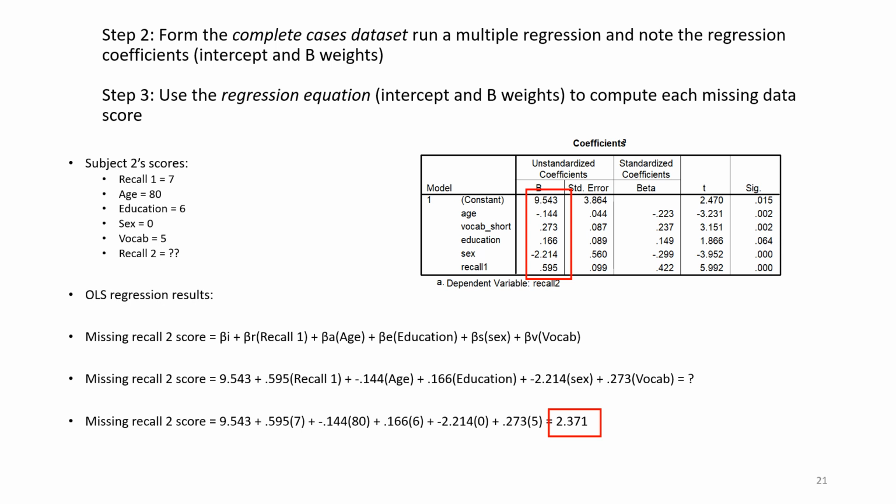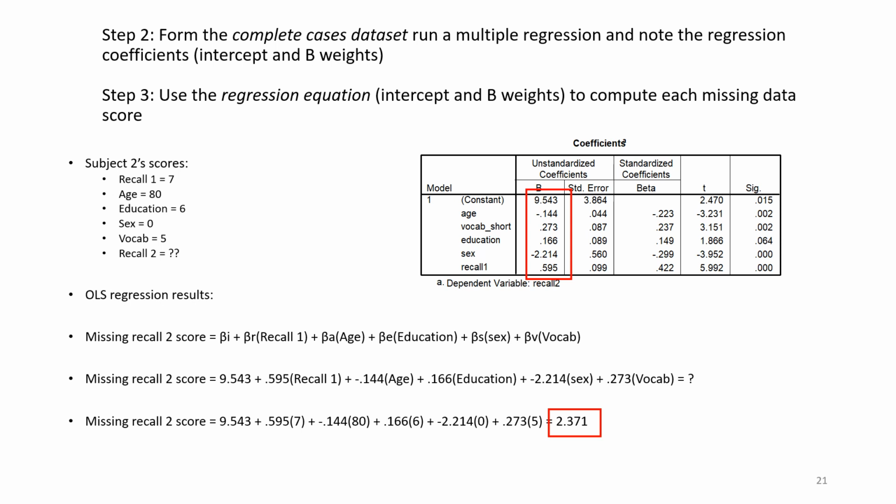That step is done in the output box on the right-hand side of the slide, kind of in the middle, where you see the output for a multiple regression, whereby we predicted recall score at time 2 from age, vocabulary, education, sex, and recall at time 1.